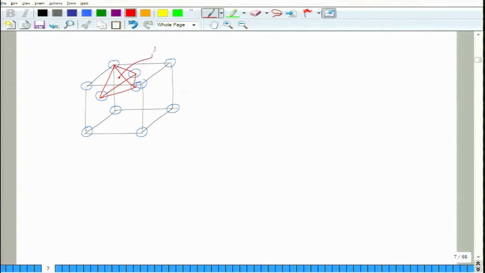This location is 1 by 4, 1 by 4, 1 by 4 type, and this connects the body diagonal. So if this is O, this is A, the distance OA is the diagonal, A root 3, and this will be 1 by 4 of A root 3.